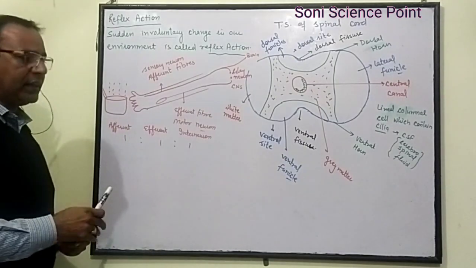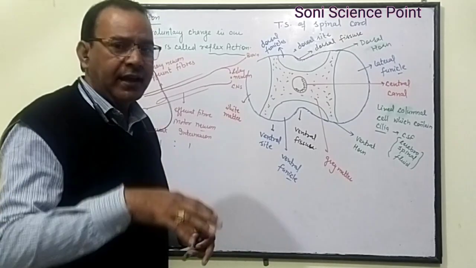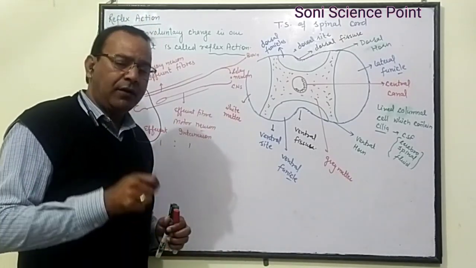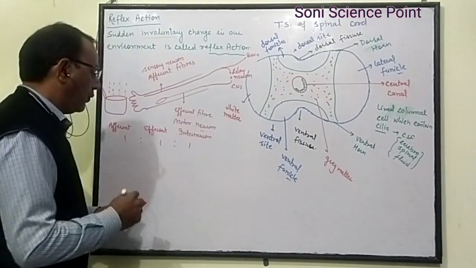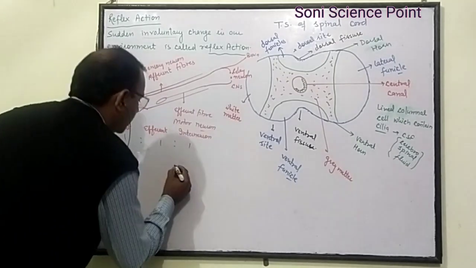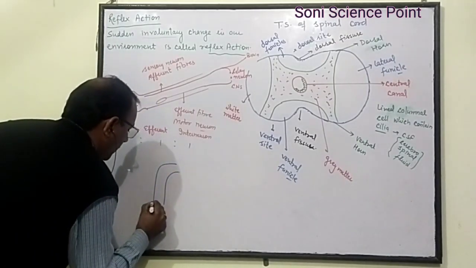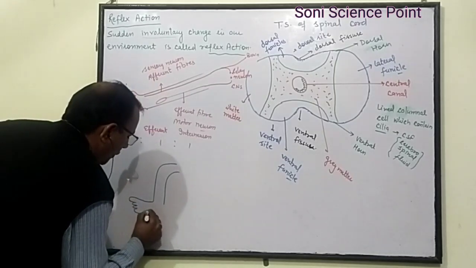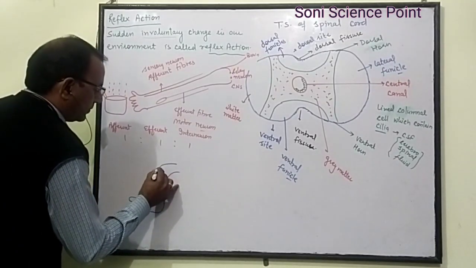Clear? One more example: while we sit on a bench with our legs hanging, not touching the ground, and we gently hit the patella with a hammer, our knee jerks. Suppose we are sitting on a bench and this is the patella.